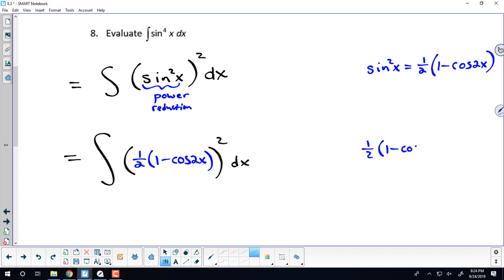So I'll just do that over here. We've got our 1/4, and then we've got 1 minus 2 cosine 2x plus cosine squared of 2x.